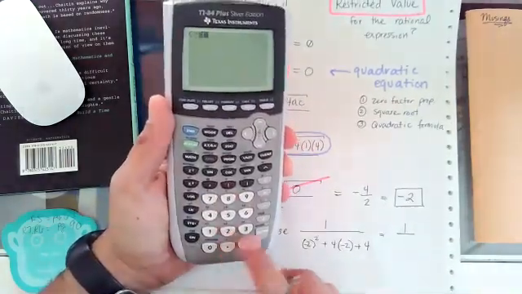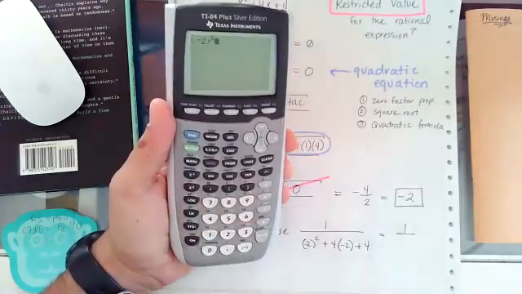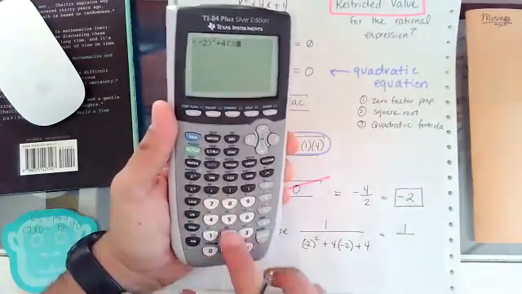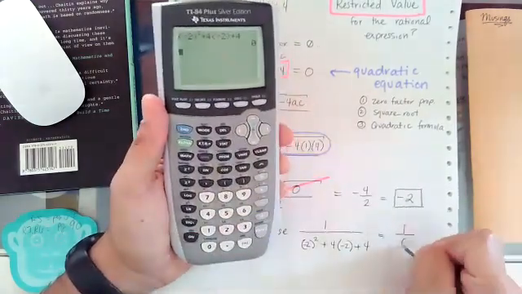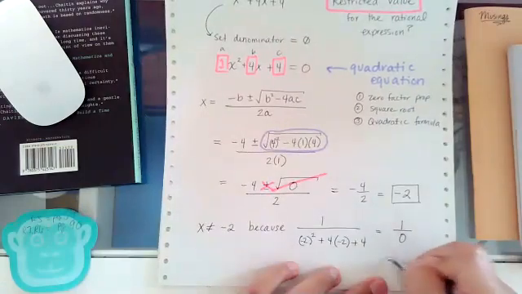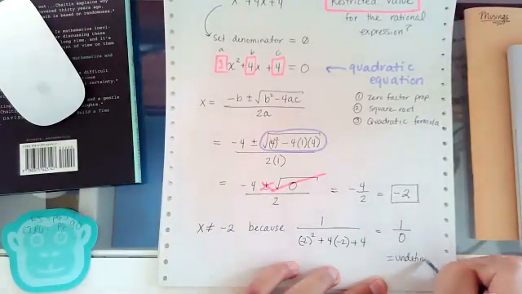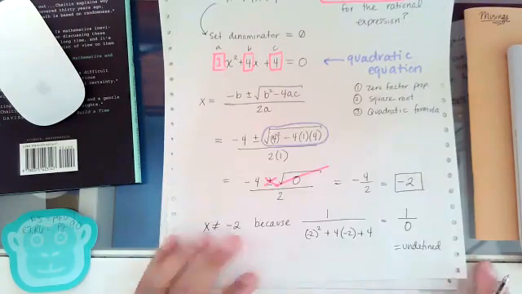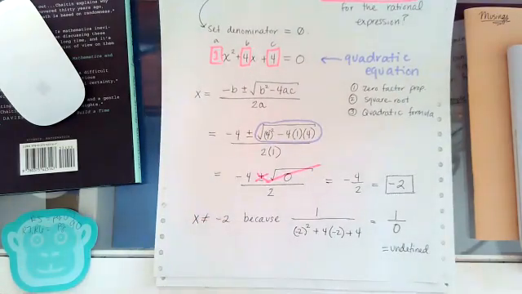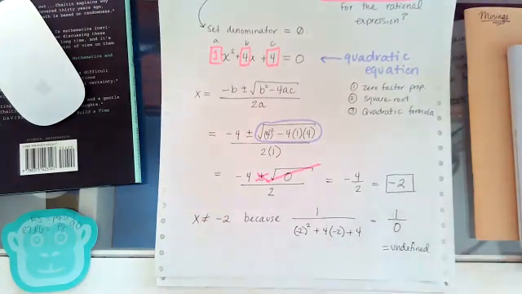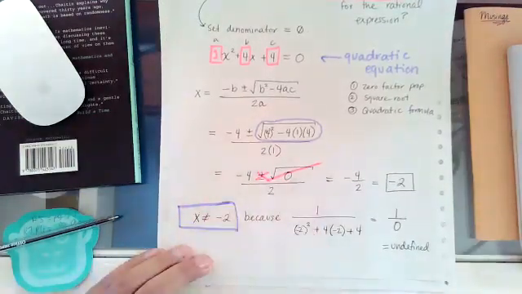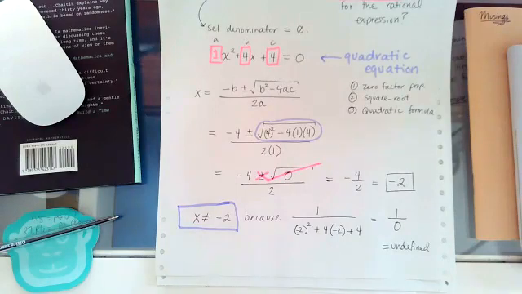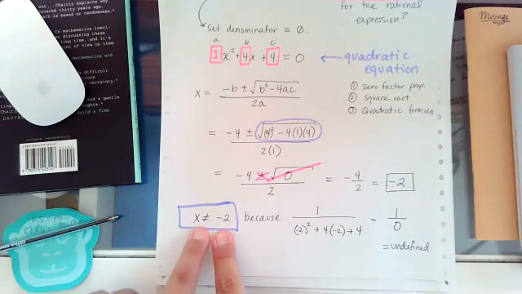So -2 squared plus 4 times -2 plus 4. I get 0, which means I would get 1 over 0, which would be undefined. And so I wouldn't be able to proceed with that problem. So you would say -2 is the restricted value, or x cannot be equal to -2.